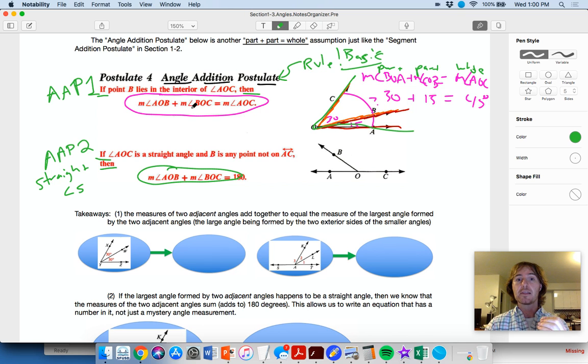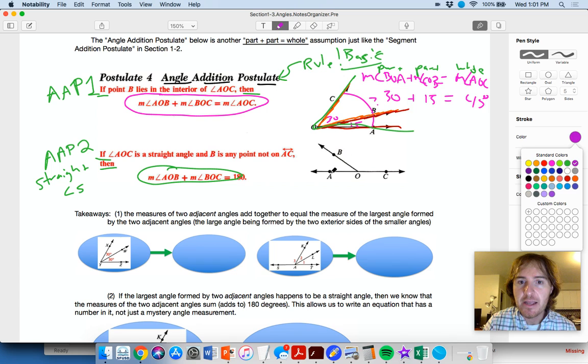What was the conclusion we made in the first one? If I know this, I have a ray, and this ray is being shared between these two angles here. I can add these two together, and my conclusion is that when I add the two together, it gives me the sum of the whole. This is the same thing too, where I have a situation, but AOC is a straight angle here.